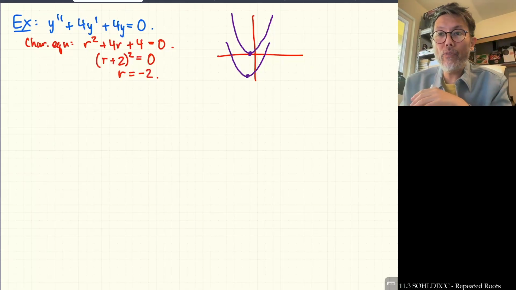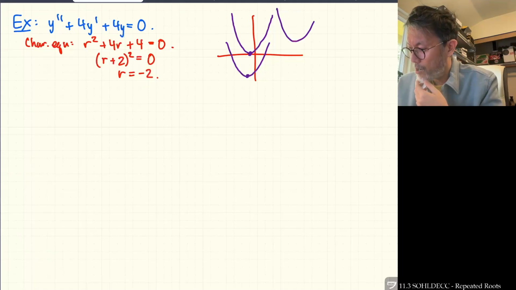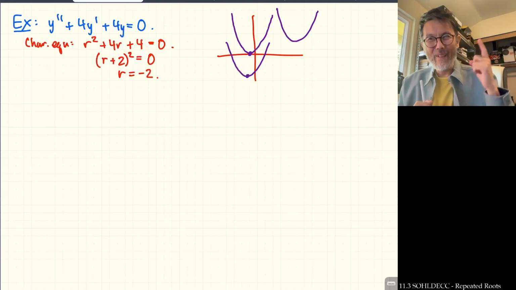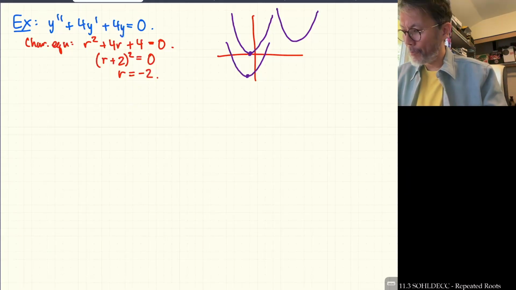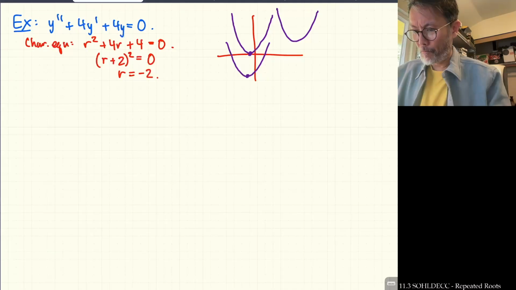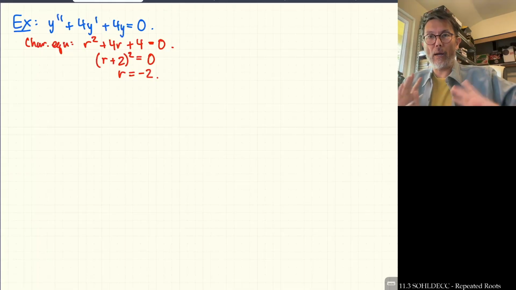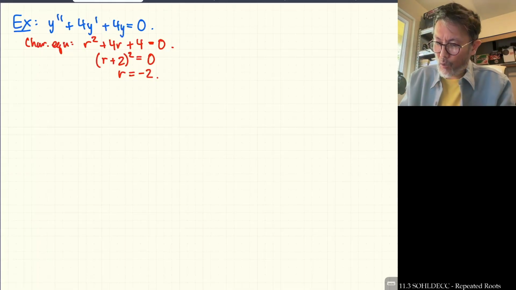If your parabola were to look something like this, where it completely misses the x-axis, that corresponds to the complex root situation that I was describing in my three cases two videos ago. Okay, that's important, I'm glad I said it out loud, but how do we kill this problem is the question.